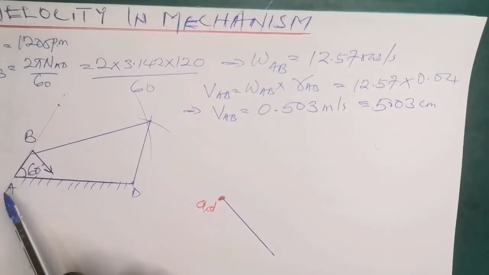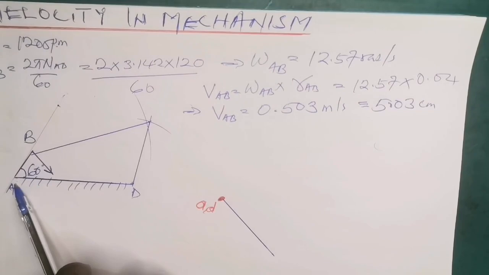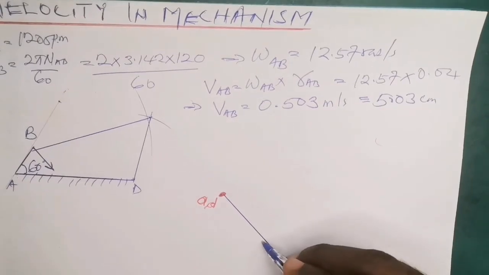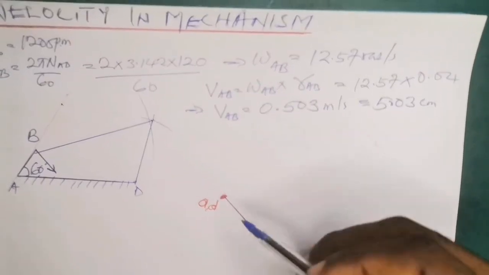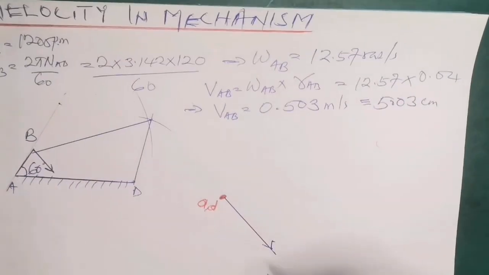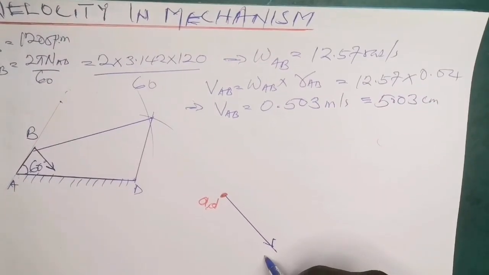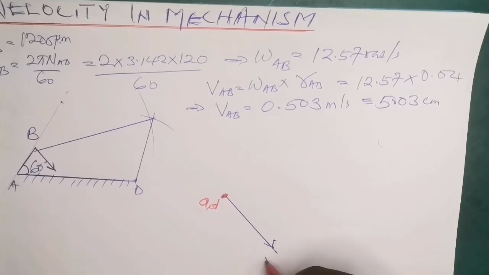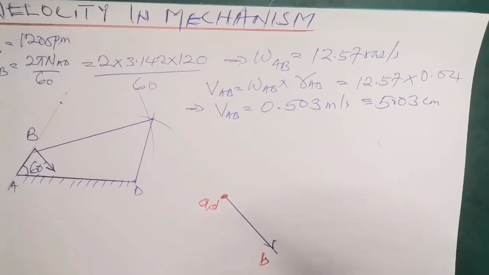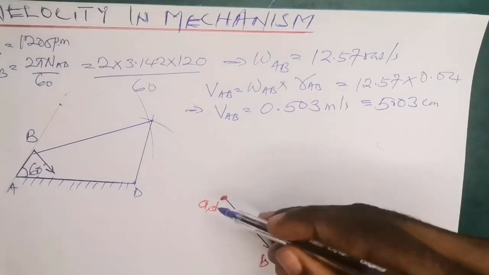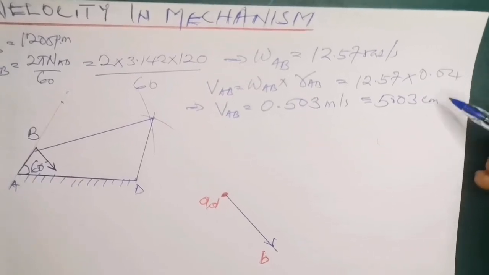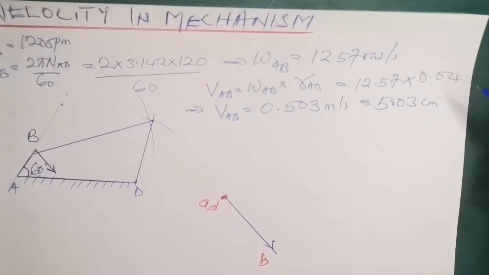Now this is from point A, which is a fixed point, to point B. So that means you have this to be a velocity from point A to point B, which means this point is point B. You indicate that point with a small letter b. And of course, this velocity is known, 5.03 according to the scaling, since we are using a meter rule.